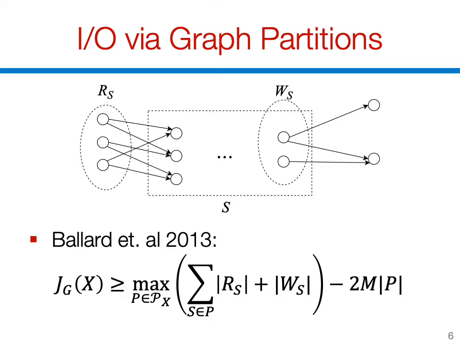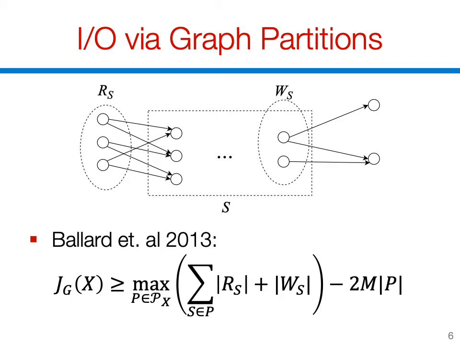For one segment S in a partition P, let R sub S be the vertices not in S with an edge going into S, and let W sub S be the vertices in S with an edge going outside of S. To evaluate the nodes in S, the vertices in R sub S must be read into fast memory, or otherwise they were already in fast memory before beginning computation of S. Similarly, the vertices in W sub S are freshly computed and are needed elsewhere in the evaluation graph.